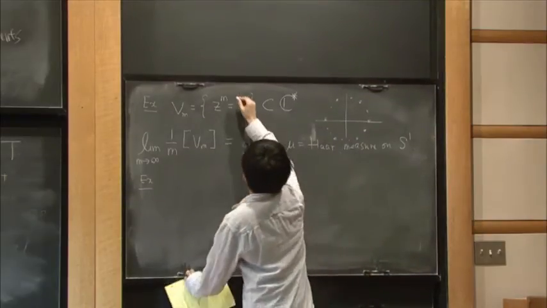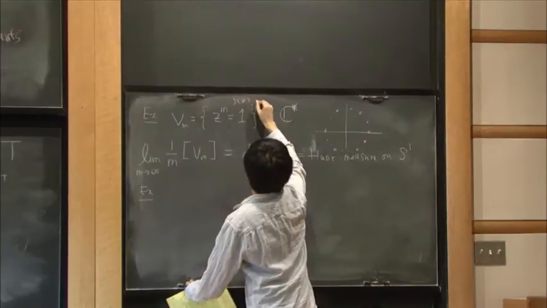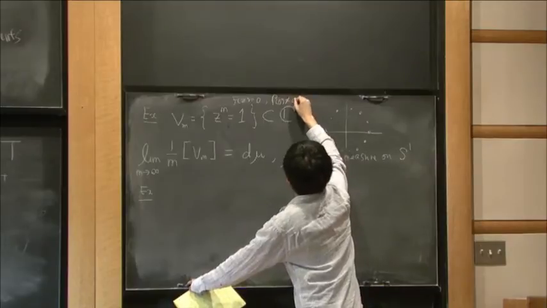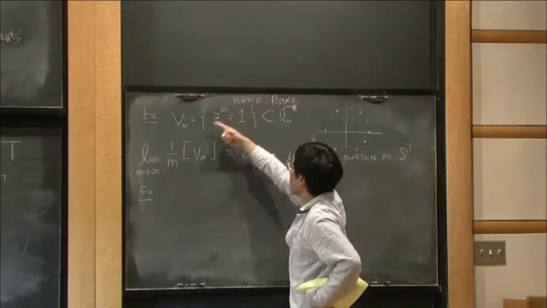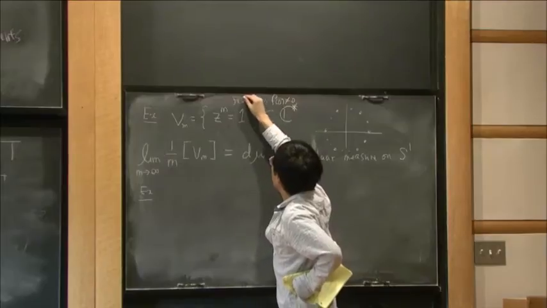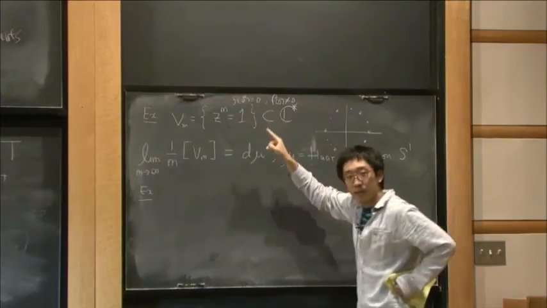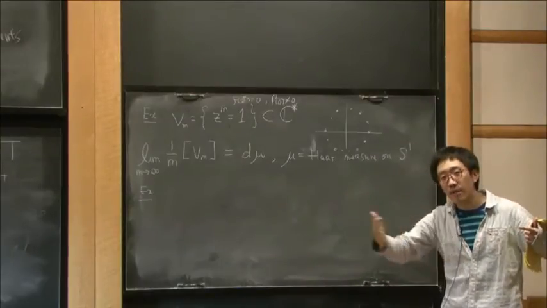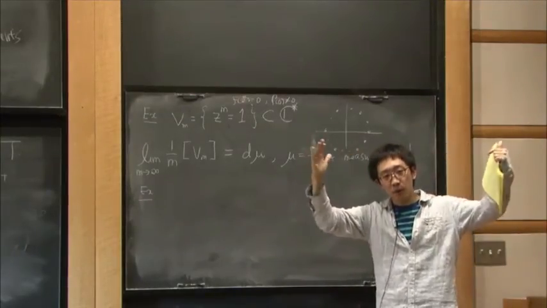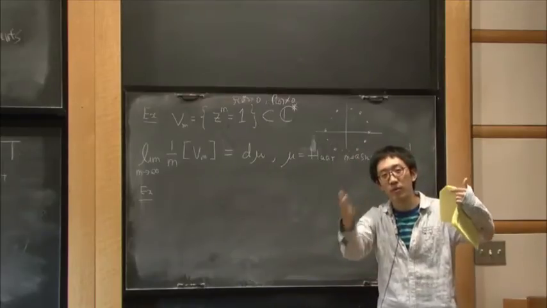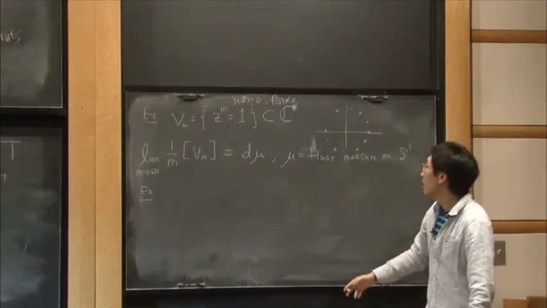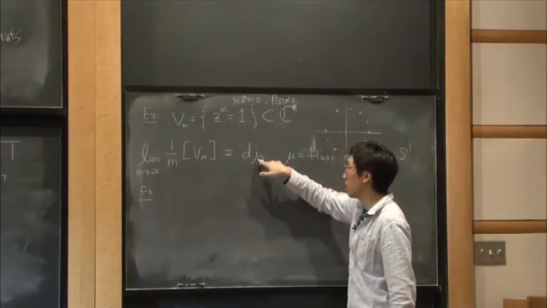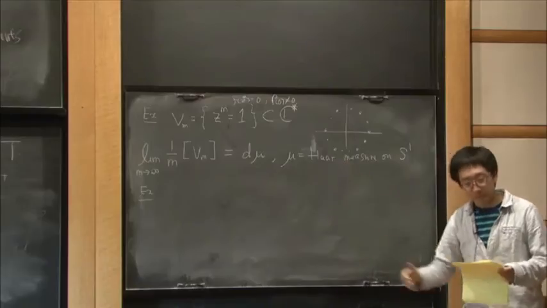If you start with any polynomial in one variable, f(z) equals 0, with the only condition that the constant term is non-zero, and you look at the limit of the variety given by f(z^m) equals 0, then you have degree f many points, and as m tends to infinity, all the roots accumulate into a uniformly distributed dense subset of the unit circle. And the answer to the same limit question would be simply the degree of f times the normalized Haar measure of S^1.